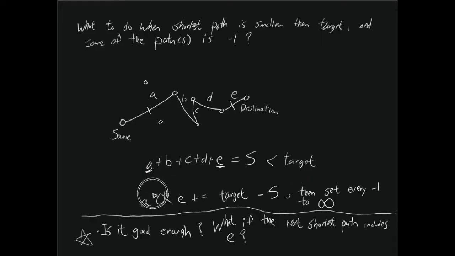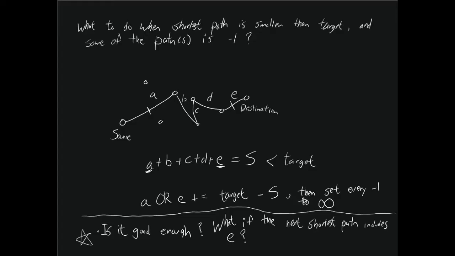Well, we can change A or E: E plus equals target minus S. I'm not changing both of them, A and E, I'm changing only one. After doing this operation, A plus B plus C plus D plus E will become the target, because this is just how the formula works.